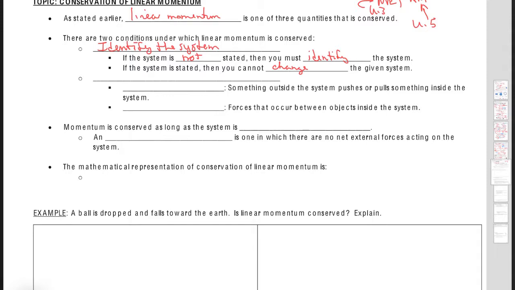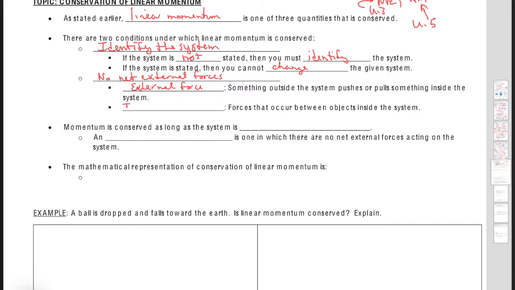The second condition is that conservation of momentum occurs when there's no net external force acting on the system. An external force is something outside the system that pushes or pulls something inside the system.